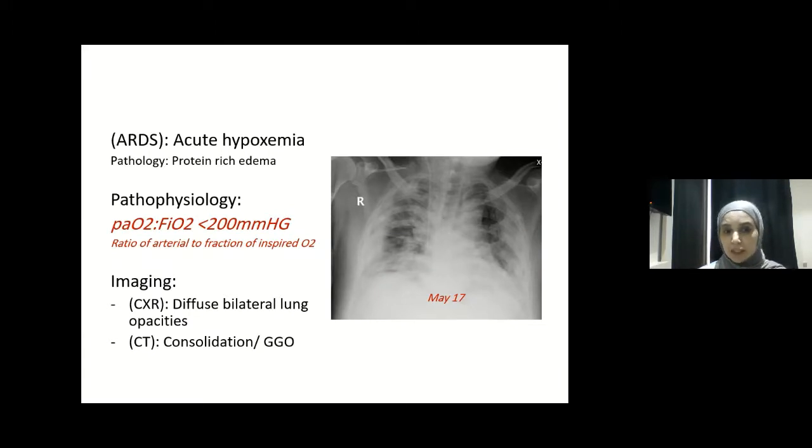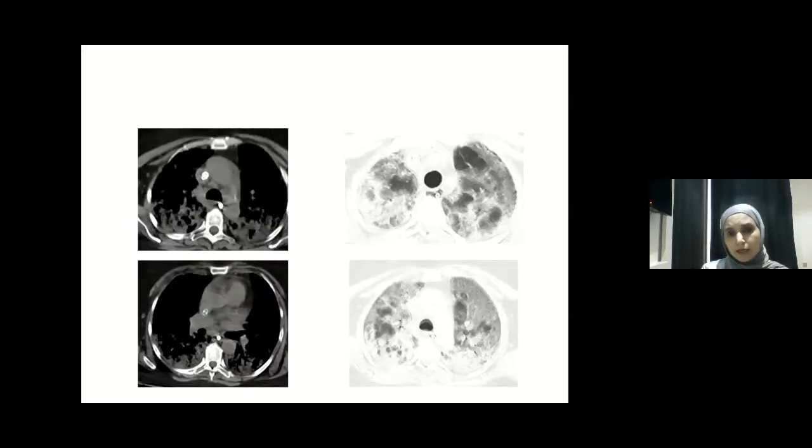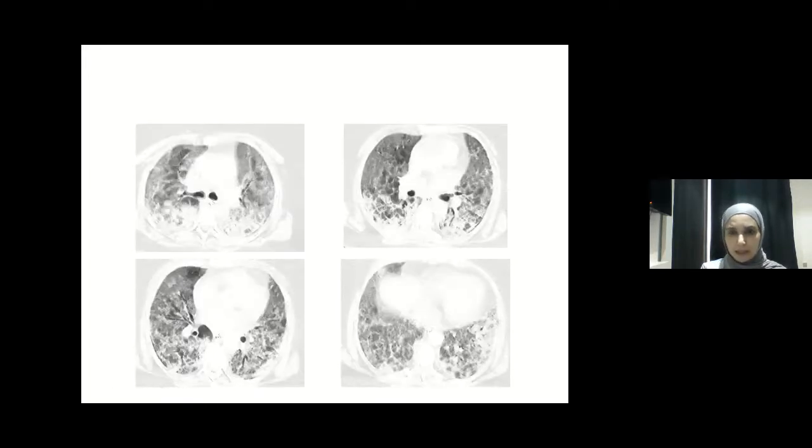Regarding the images, chest X-ray will show diffuse bilateral lung opacification, and the CT will confirm this opacification. And in ARDS, we will see consolidation in the dependent or gravitational area, and the ground glass opacity will be in the non-dependent area, as in this image.